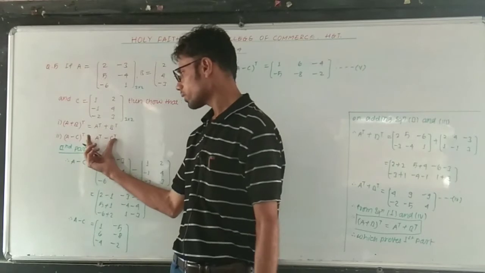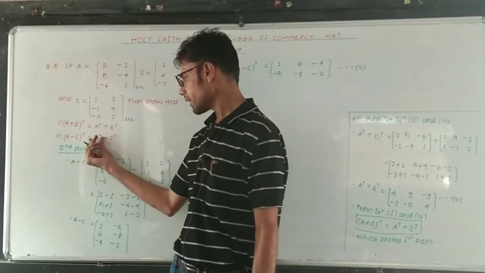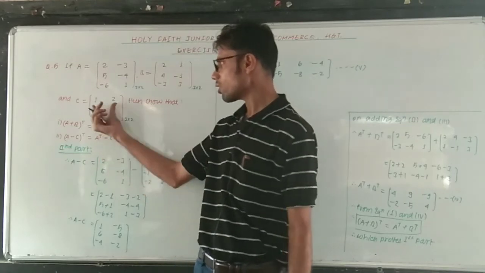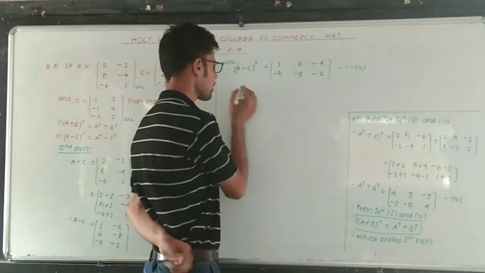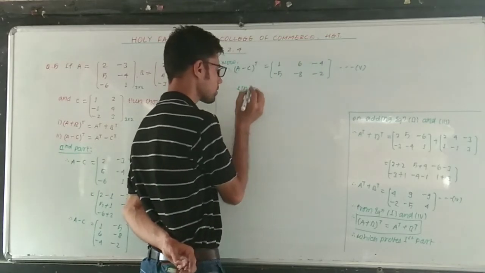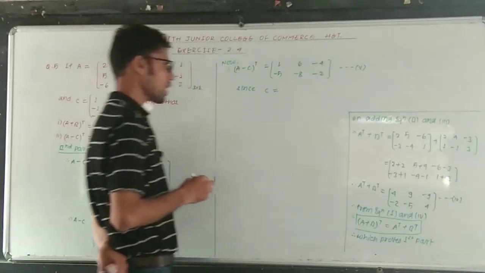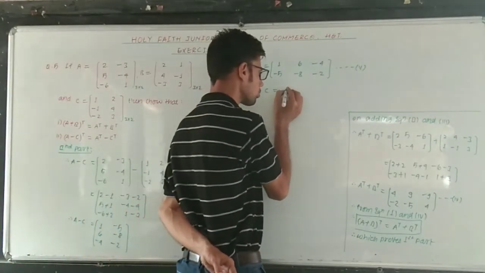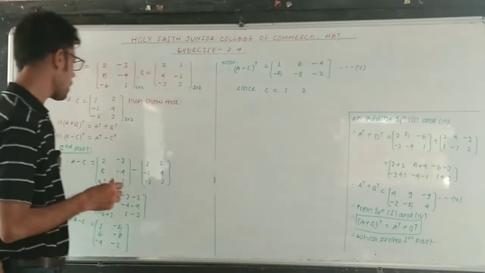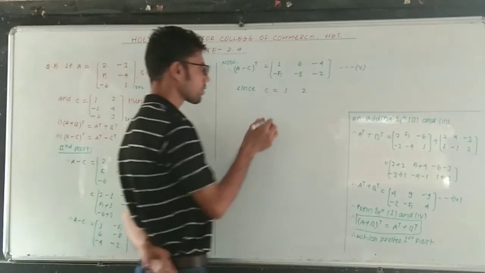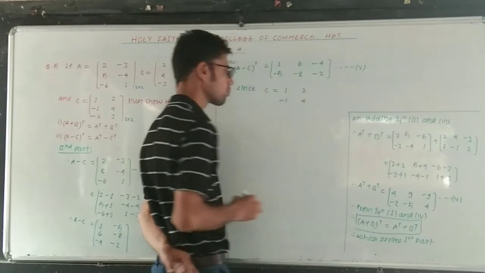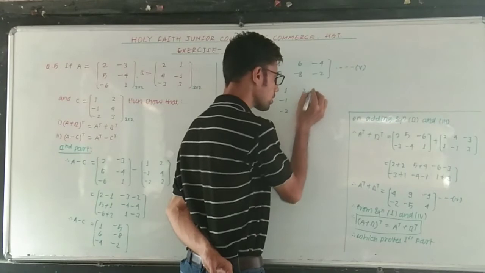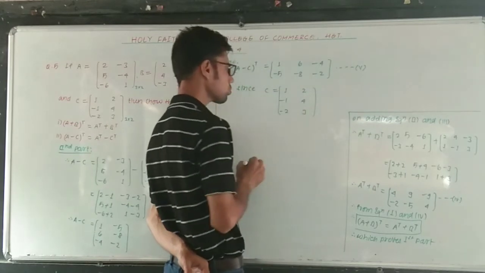Now we have to find out the value of A transpose, which we already have, and the value of C transpose. We have been given the C matrix. C is equal to 1, 2, minus 1, 4, minus 2, 3.